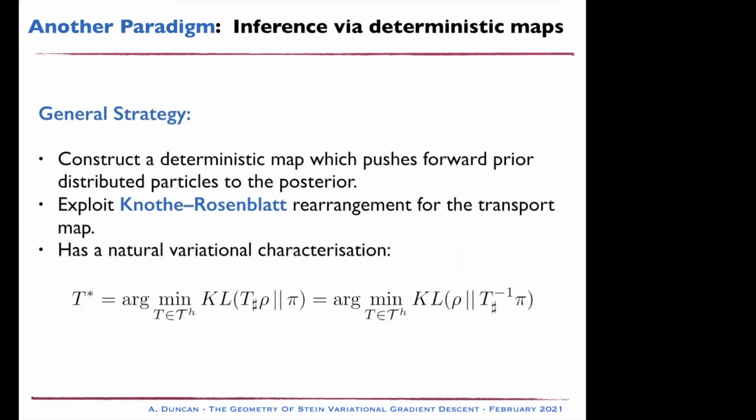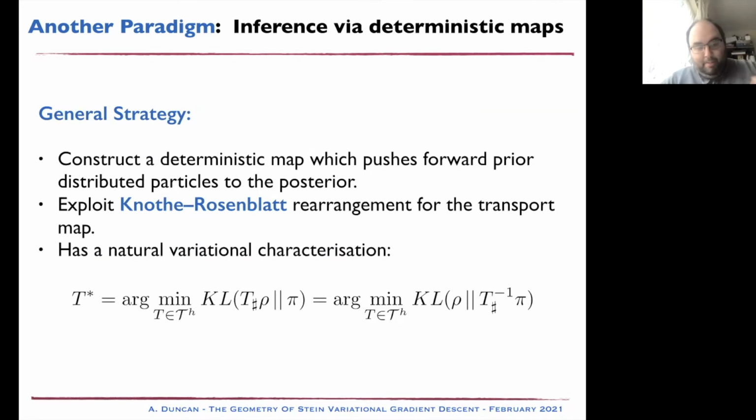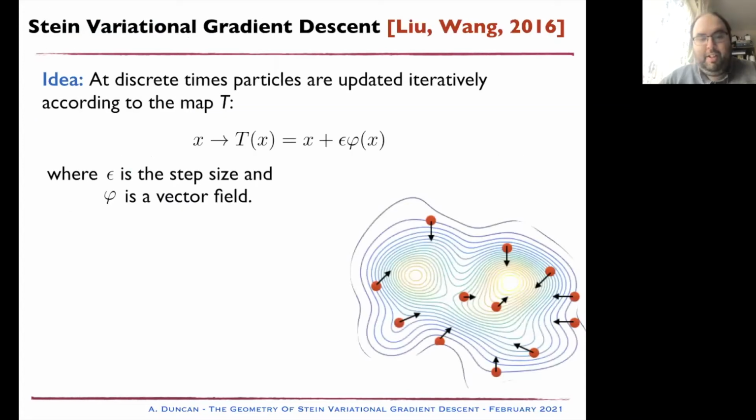Okay, thank you. And so they formed it as this nice optimization problem, and then the paper really focused on how to actually solve that in practice. And so that was the first time I saw this general idea. And then in 2016, another idea in the machine learning community popped up which is spiritually similar. Again, we have this deterministic evolution of these particles.